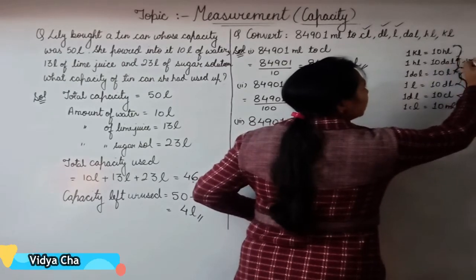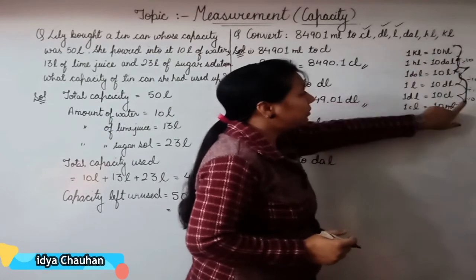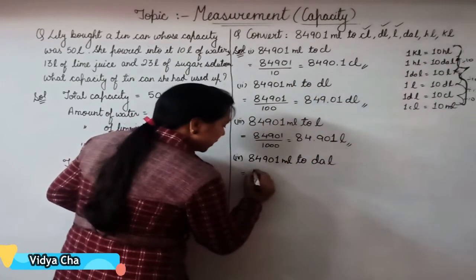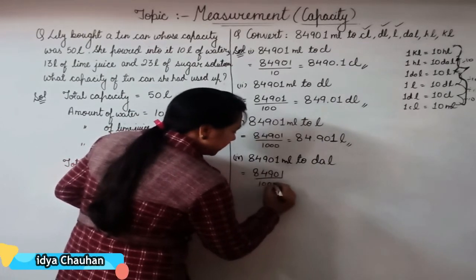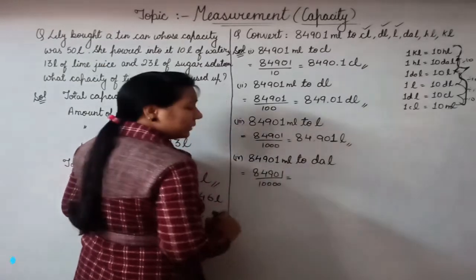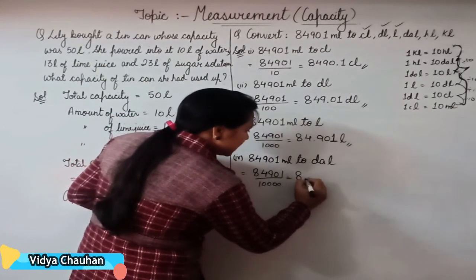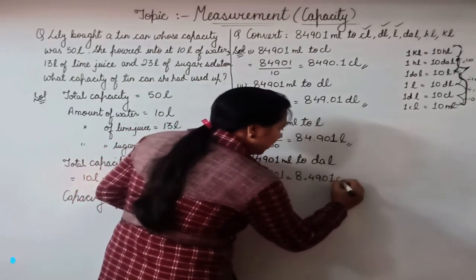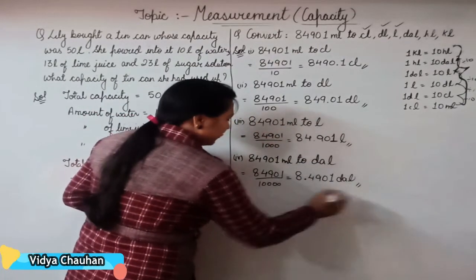So converting milliliters to decaliter, that means 4 steps, so 4 zeros. So we will be dividing 84901 by 10,000. When dividing by 10,000, decimal after 4 places, so that will be 8.4901 decaliter. Clear, students?